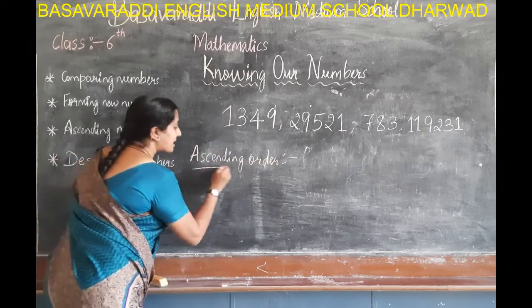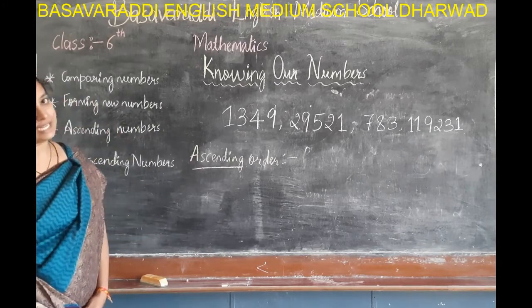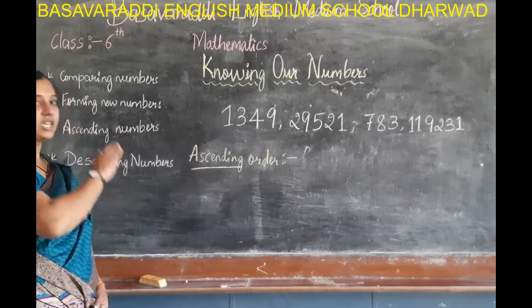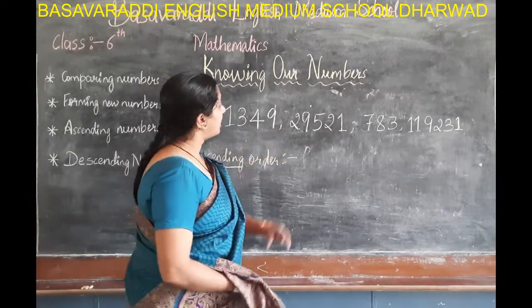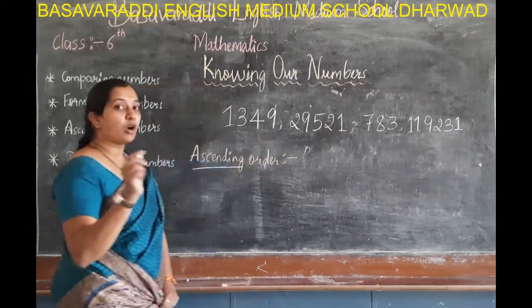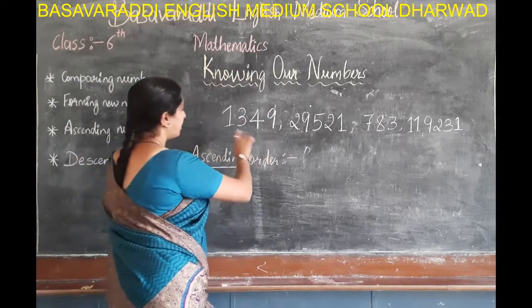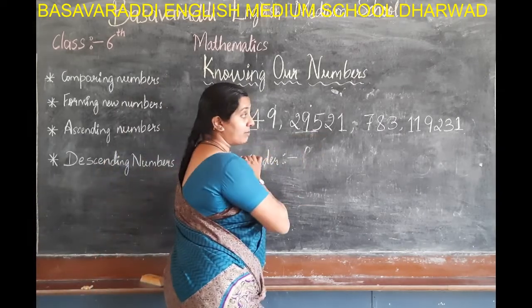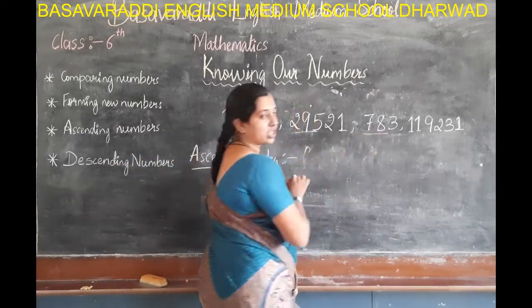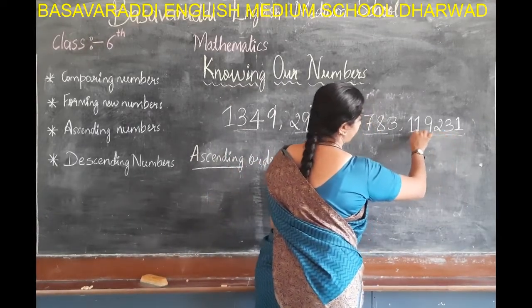See, the word ascending means from the smallest to the greatest number. So in the given set of numbers, which is the smallest number? First, see how many digits each number has. This is a 4-digit number, a 5-digit number, a 3-digit number, and this is a 6-digit number.